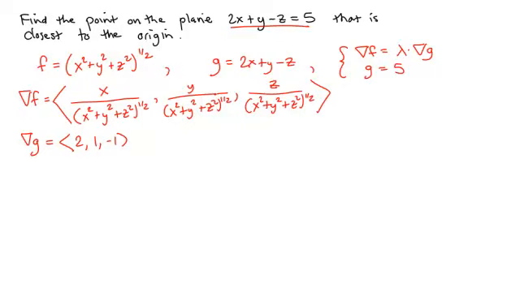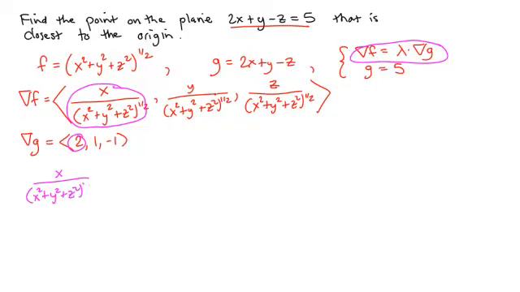And so our Lagrange multiplier equations, well, notice that this first equation is really a statement about 3 components. So it says that the x component of f and the x component of g should differ by a constant. So our first equation will be x divided by x squared plus y squared plus z squared to the 1/2 power is equal to lambda times 2. The second equation should scale by the same, so our second equation will be y over x squared plus y squared plus z squared to the 1/2 power is equal to lambda times the other coordinate 1.